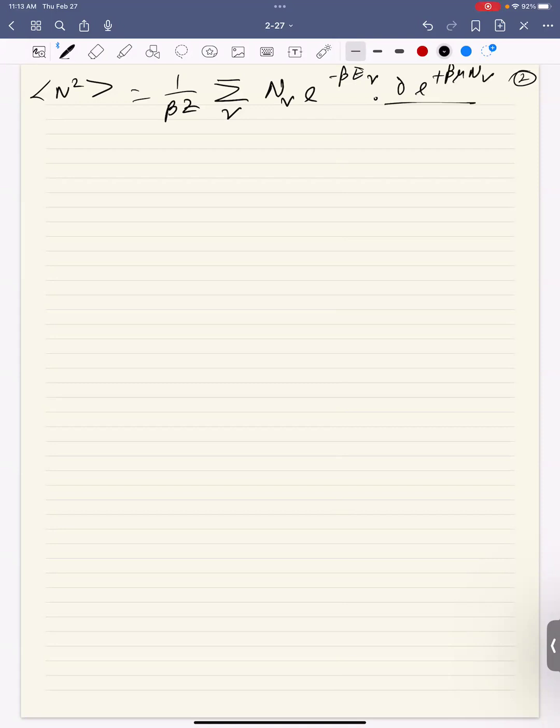So I just showed that N square is equal to 1 over beta Z summation nu N nu e to the power minus beta E nu partial of e to the power plus beta mu N nu with respect to mu.